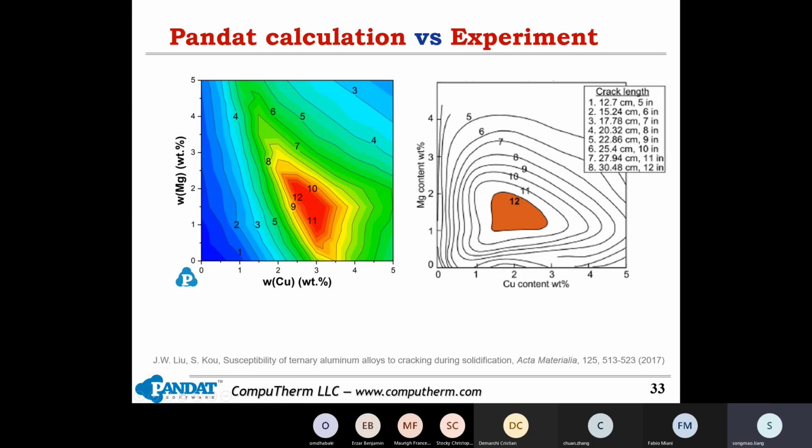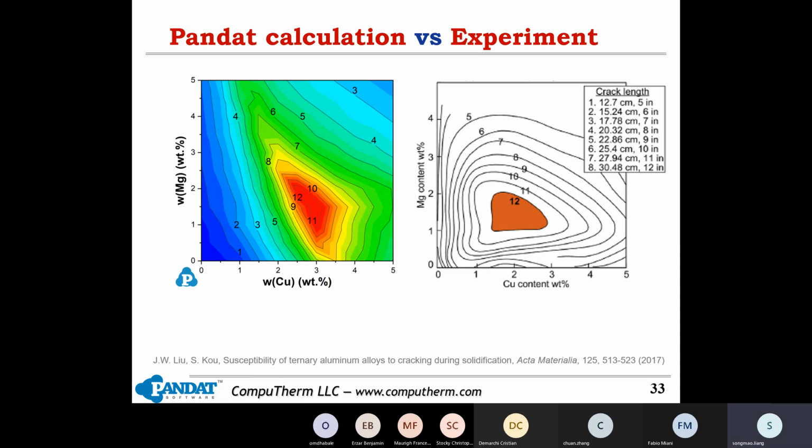With increasing copper, the hot cracking tends to increase and then decrease. But magnesium has a much smaller impact on hot cracking. This simulated result also agrees well with the experimental result.